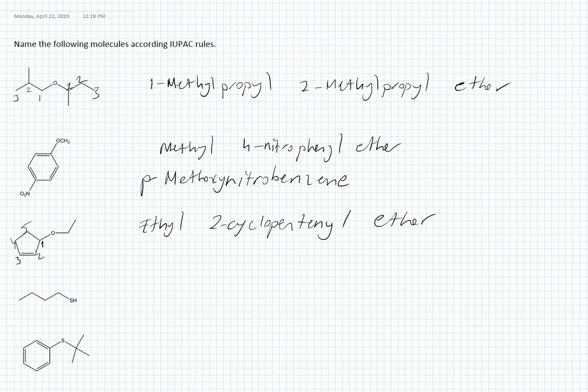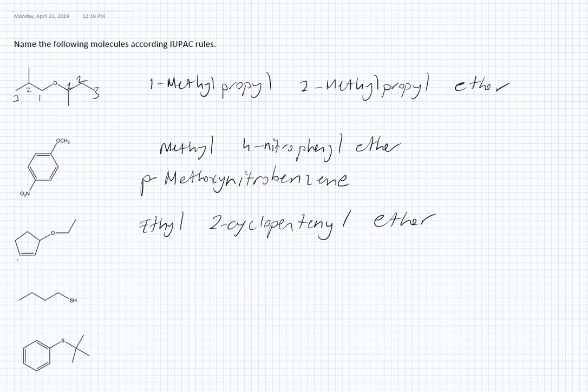Again, we can name this one as an alkene. So we have to give new numbers. So let's just erase the numbers and let's give new numbers. For alkene naming, we have to give the double bond the lowest numbers.